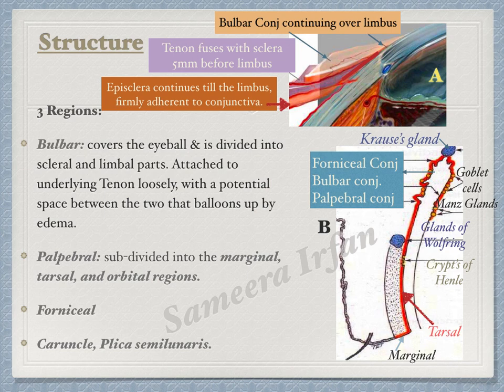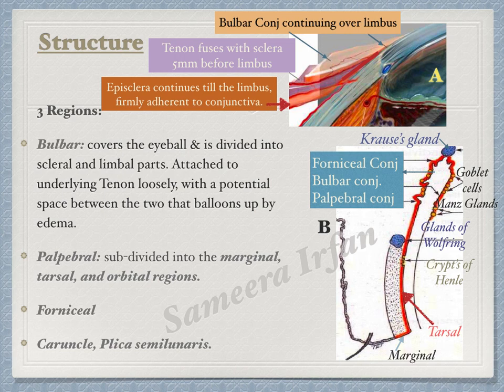A potential space, the subtenon space, exists between the capsule and the outer surface of the sclera, which is traversed by fine bands of connective tissue that link Tenon to the underlying sclera. Anteriorly, the capsule fuses with the sclera 5 millimeters posterior to the corneoscleral junction, which means that Tenon ends 5 millimeters posterior to the limbus.